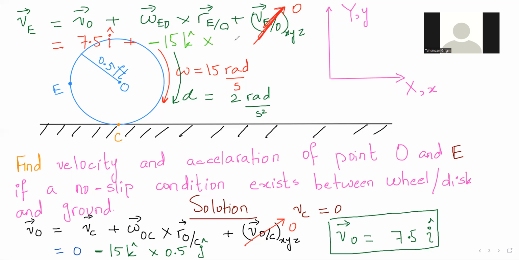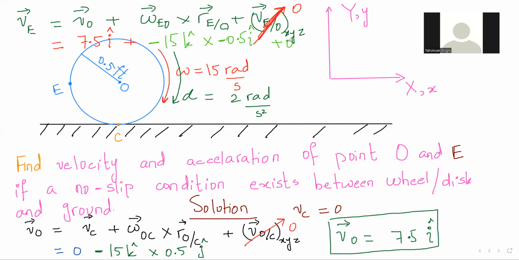Minus 0. Plus. E with respect to O is minus 0.5 I. Yes, because E is to the left of O. So E with respect to O is minus 0.5 I plus 0.